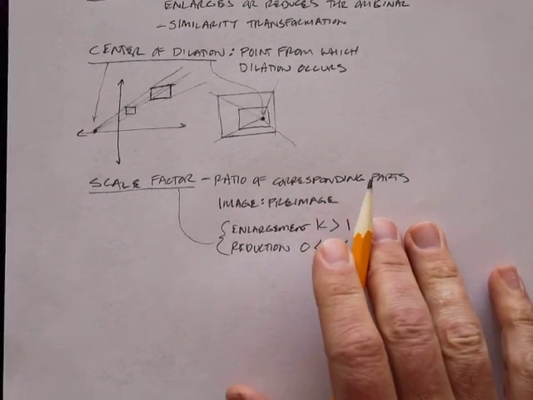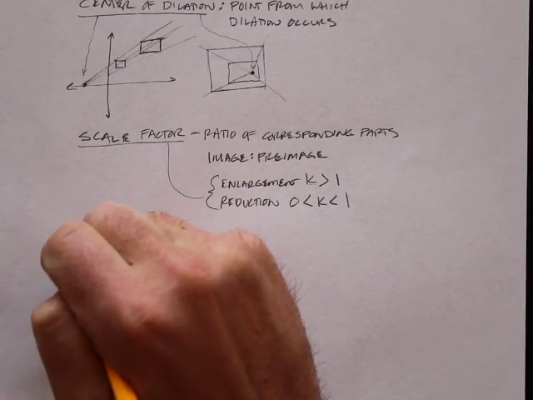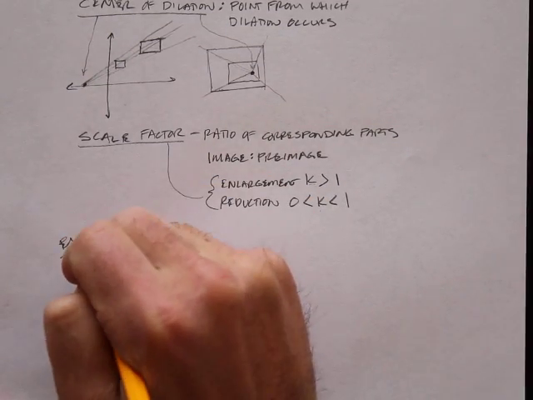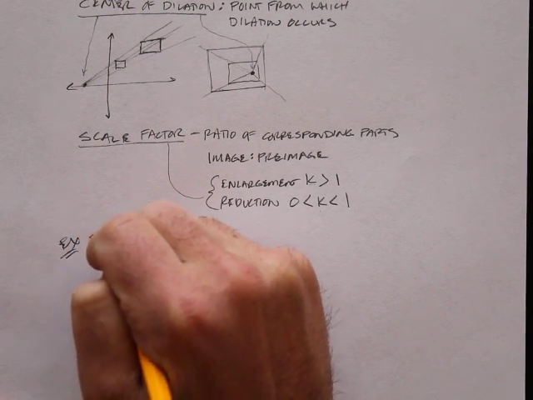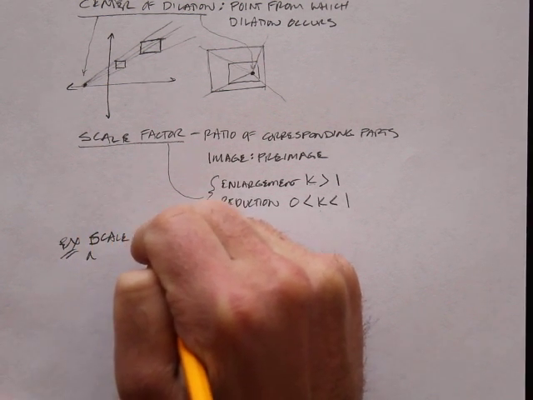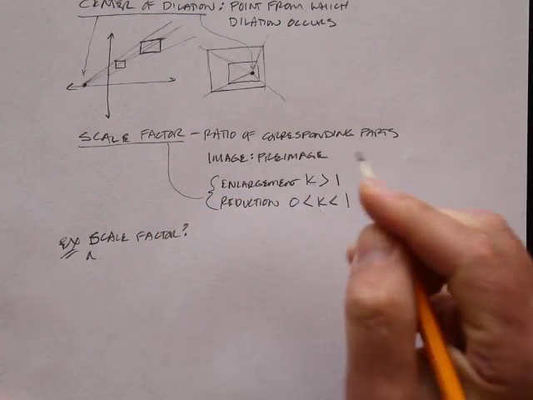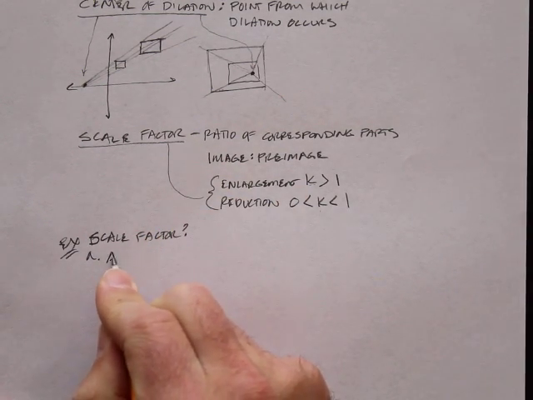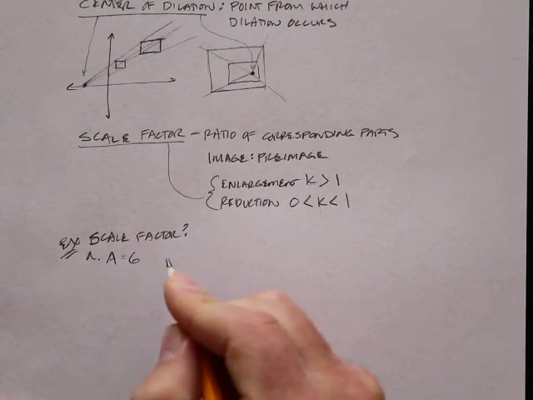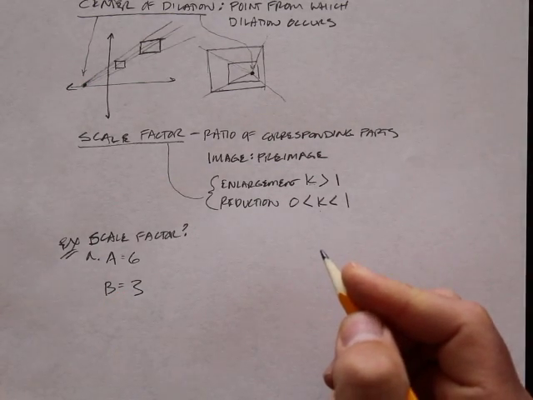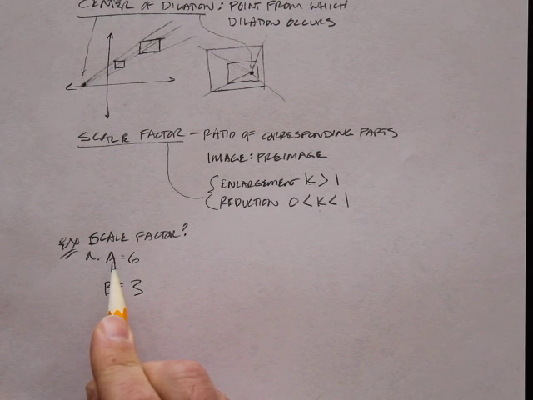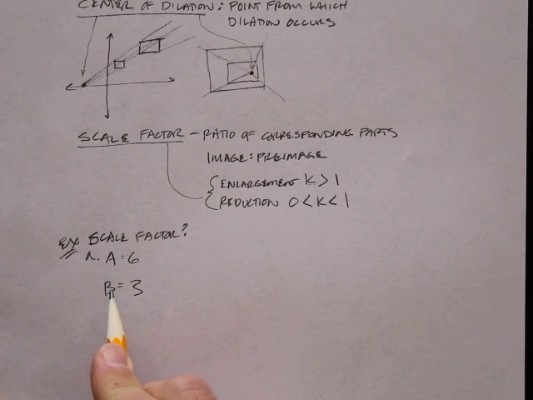So let's do some examples of scale factors here. Tell me what is the scale factor between these two numbers? For A, we have 6, and for B, we have 3. A is the pre-image, B is the image.